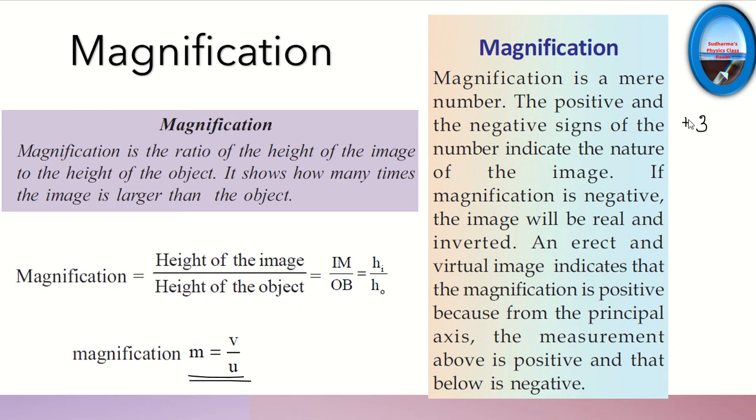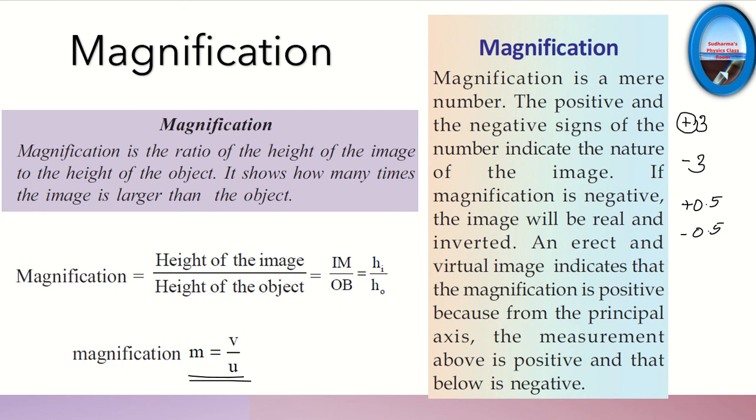So positive magnification shows that it is a virtual image. If I say plus 3, this is virtual magnified. Minus 3 means real magnified. If I say plus 0.5 and minus 0.5, plus 0.5 is a virtual diminished image, minus 0.5 is a real diminished image.